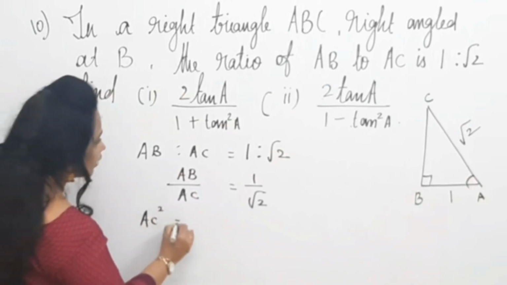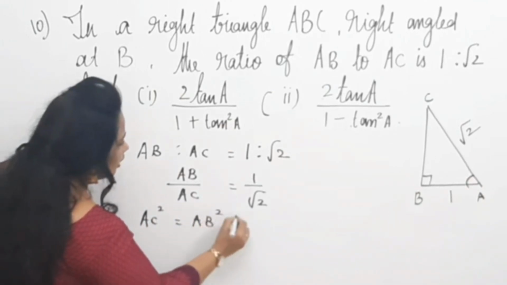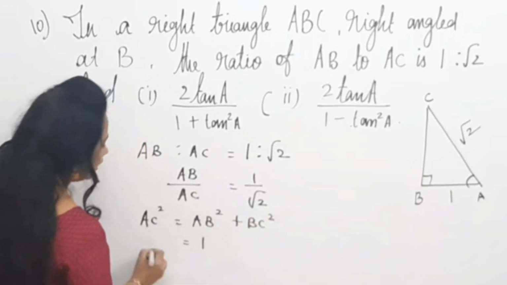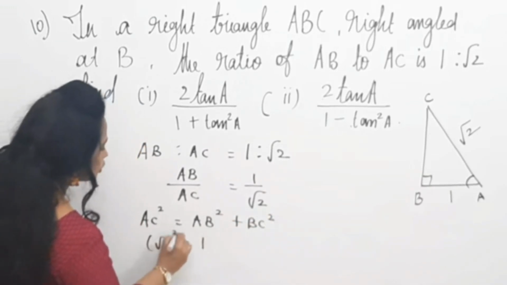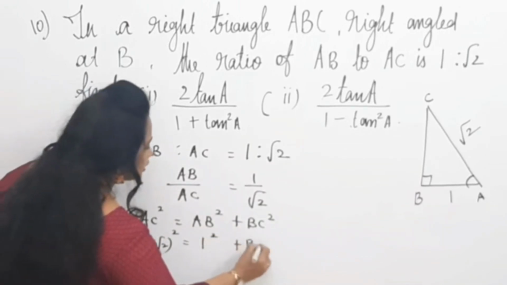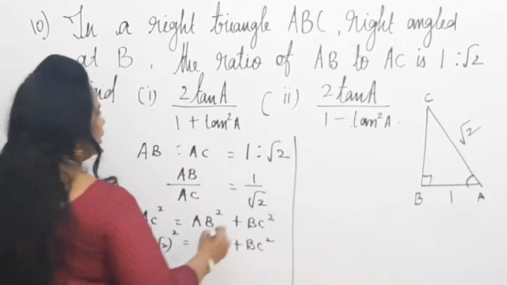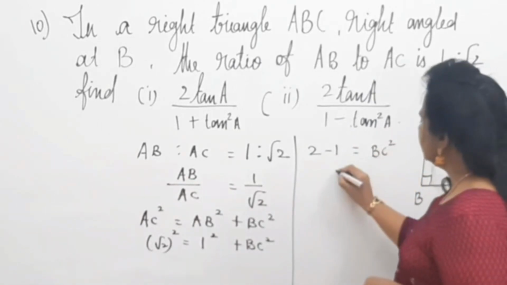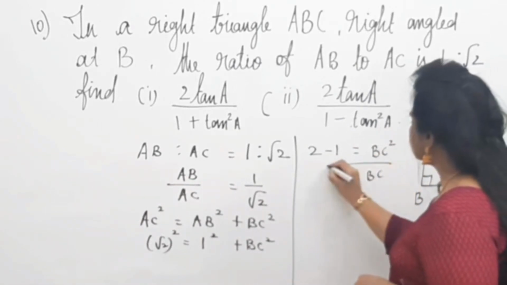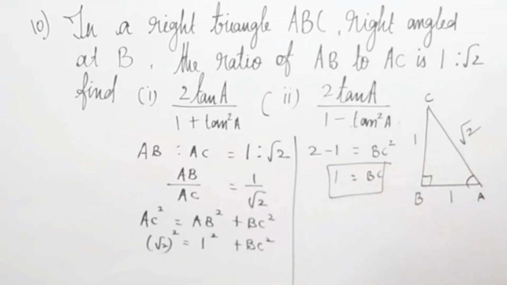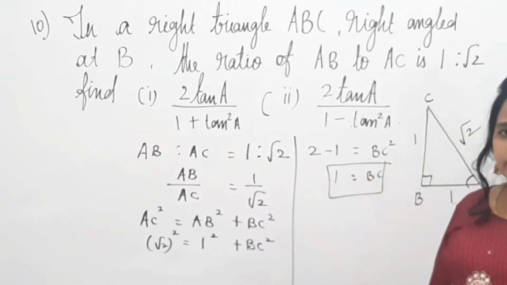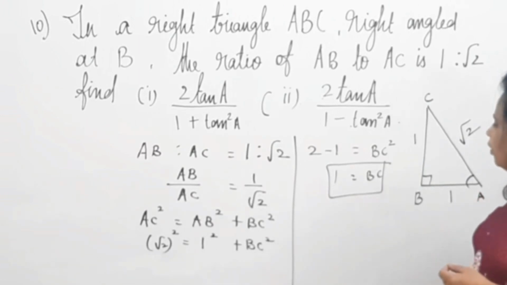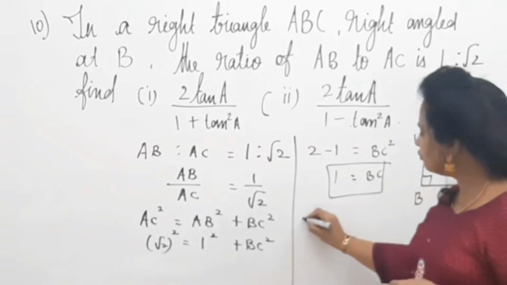AC square is equal to AB square plus BC square, which is equal to 1, and this is root 2 the whole square. 1 square plus BC square, which implies 2 minus 1 is equal to BC square, that is 1. So my BC is 1. So I got my opposite side is also 1, which is an isosceles right triangle.